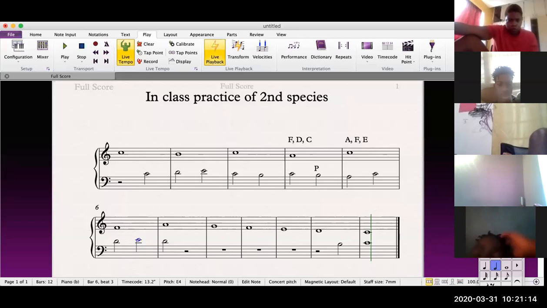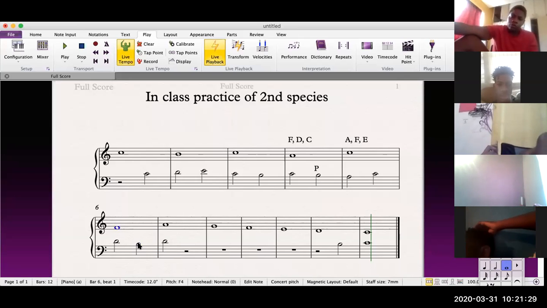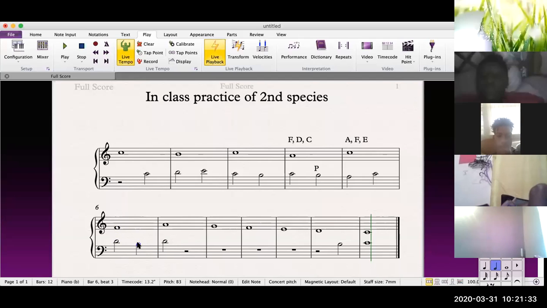Okay? So if you put the E there, it's a second with the F. The E is a second, and this is an upper neighbor. Okay? Because it's moving by step both times. The B is a diminished fifth, right? F to B. So that's a dissonance, and here we're not moving by step, so that's why you can't do it. Okay, so let's go for the E there. All right.